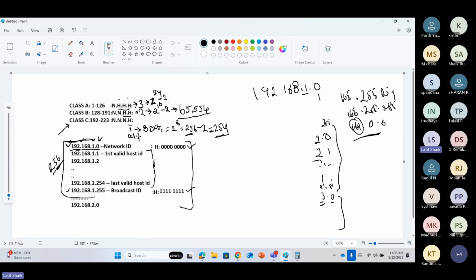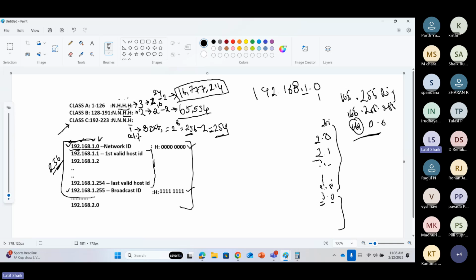Minus 2, same concept. 2 we cannot use: one is the network ID and another one is the broadcast ID. It is around 16 million 777,214 after minus 2.